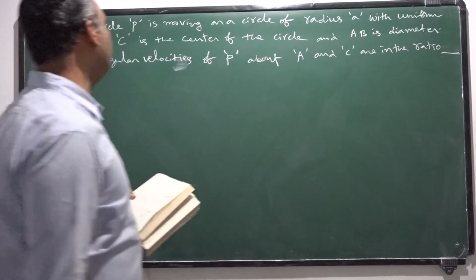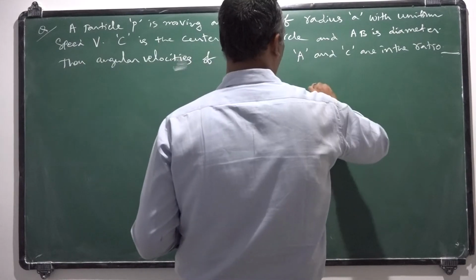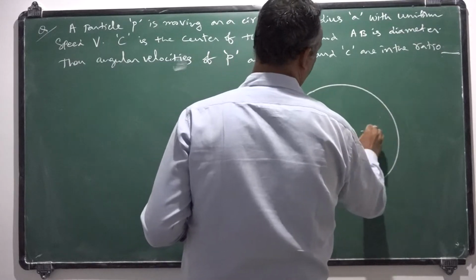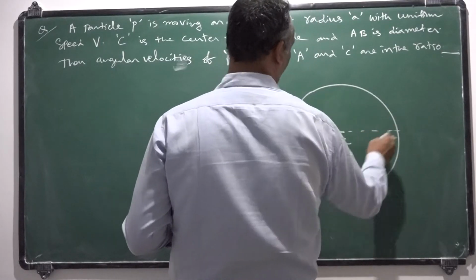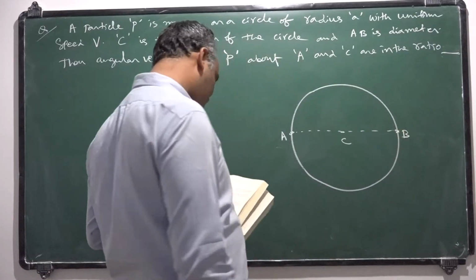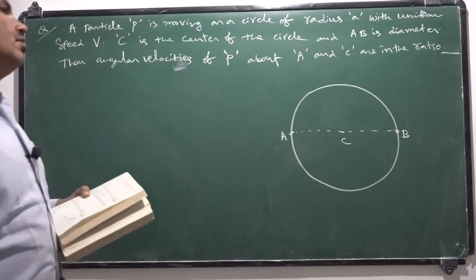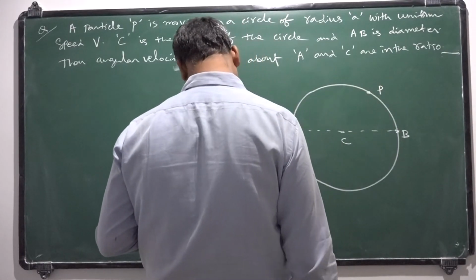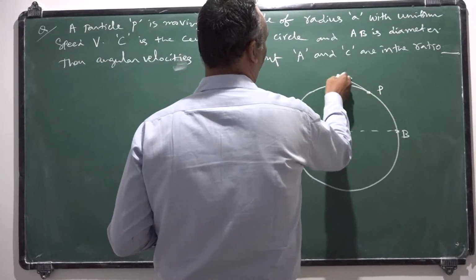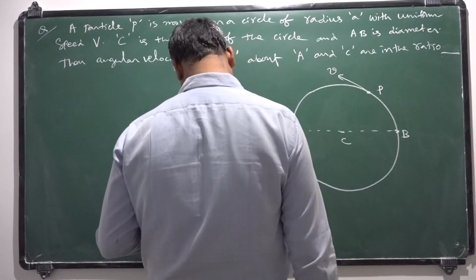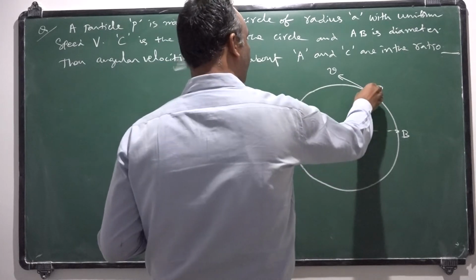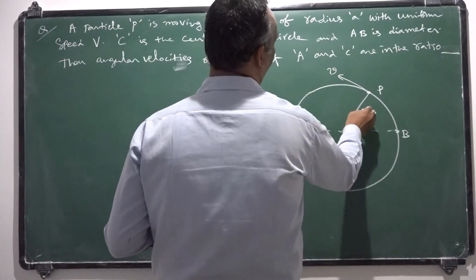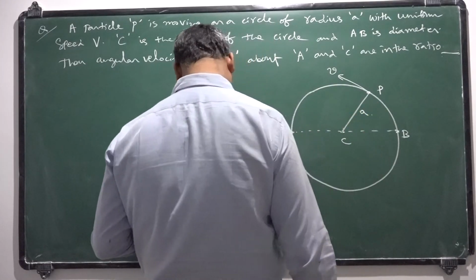Here if you see the diagram, this is the circle with C as center, AB as diameter. Suppose the particle P is located here. It may have some linear speed V like this, and the radius of the circle is like this.